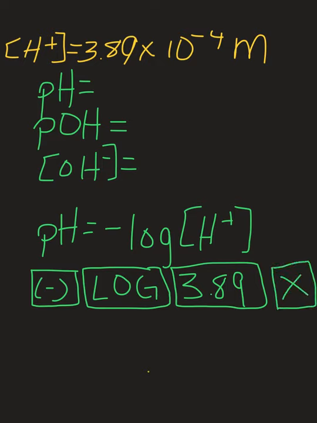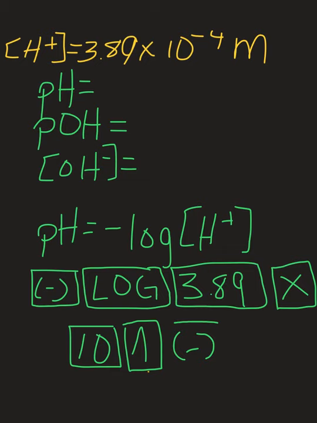You would type in the number 10. That little caret button. The negative sign again. 4. These are the keys you would type in the calculator, okay? Negative log 3.89 times 10 to the negative 4. You would hit equal. Okay, and what should we get when we hit equal? For the pH, we should get 3.14.